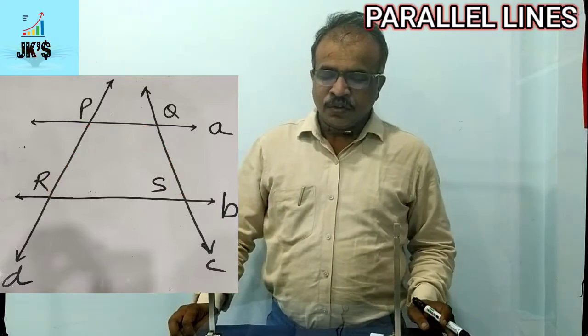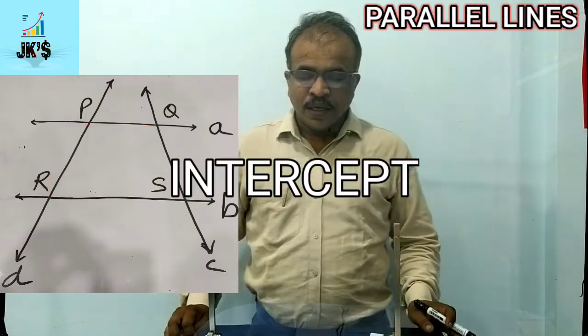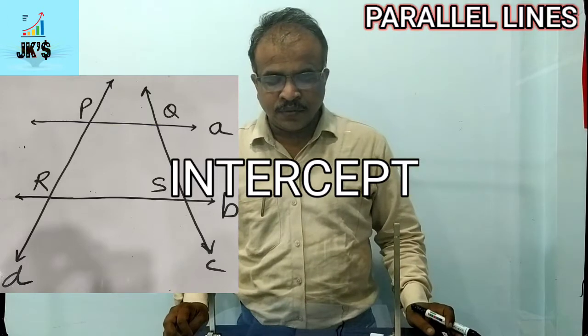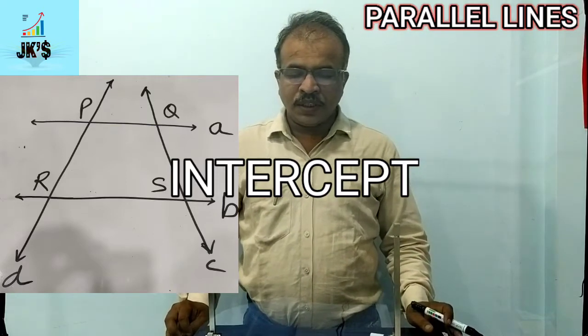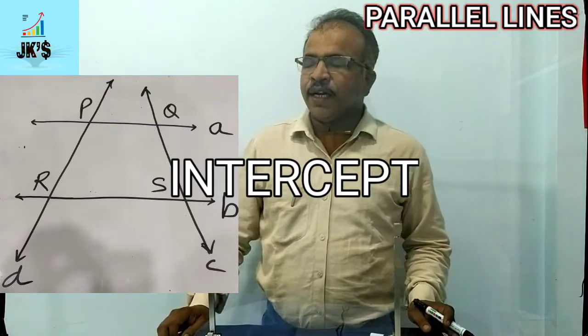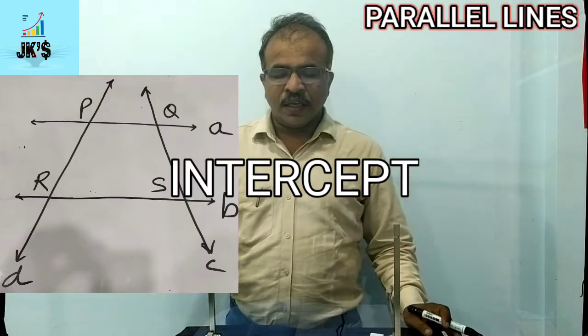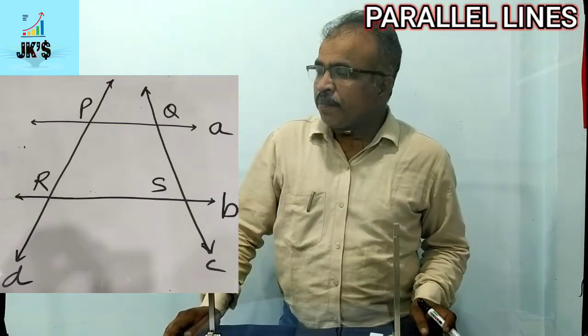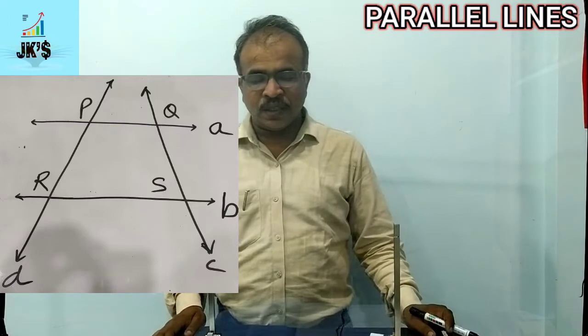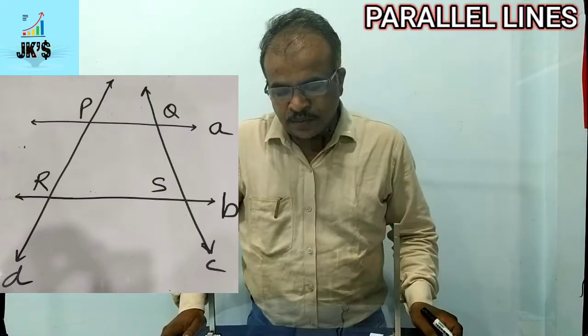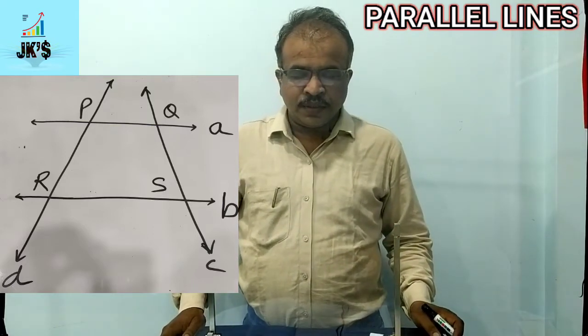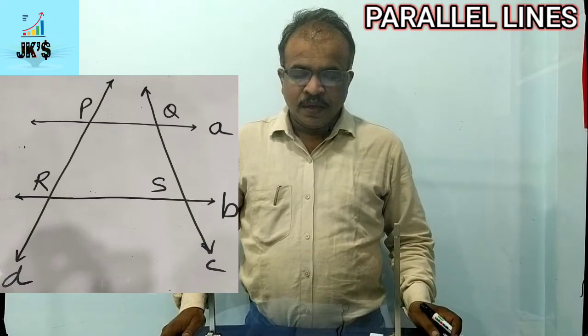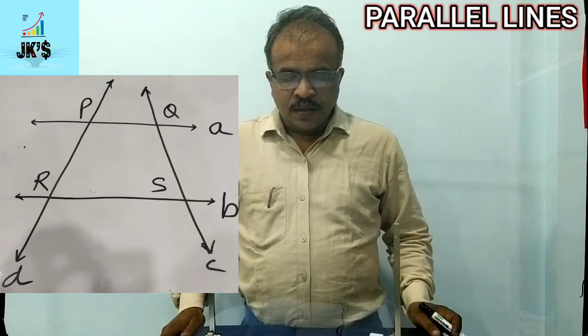So what is an intercept? A segment cut off by a transversal on two distinct lines is called an intercept. In the given figure, segment PR and segment QS are the intercepts made by the transversals on lines A and B.